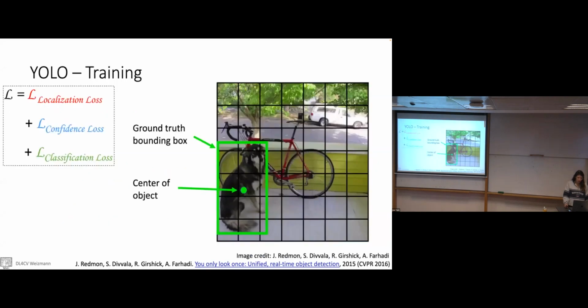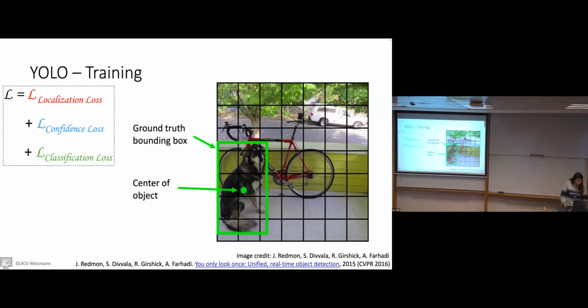So let's examine a ground truth bounding box and how we're going to apply the loss over that. In our data set, we have a ground truth bounding box, the center of its object, and the corresponding classification of it, which is a dog here.